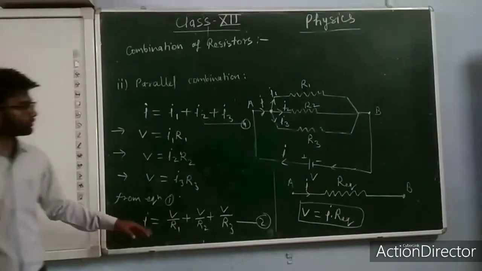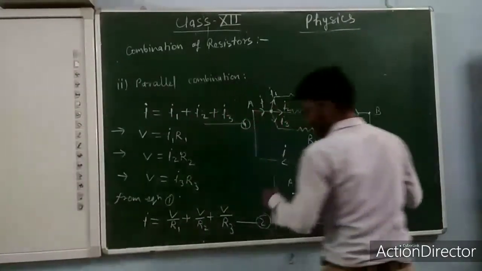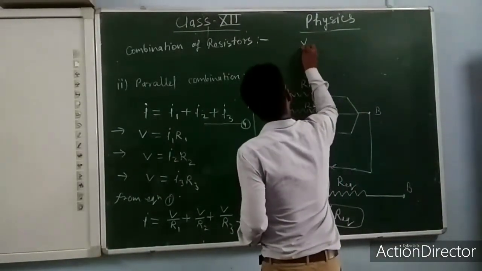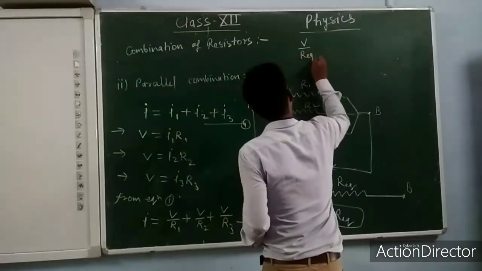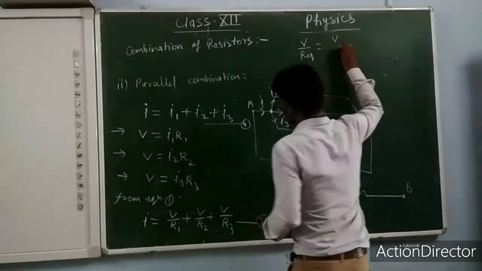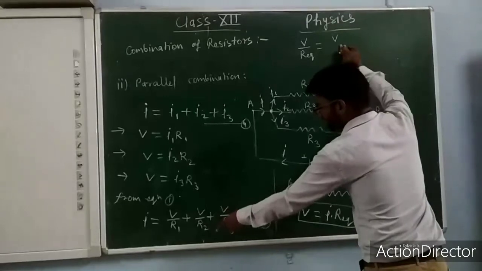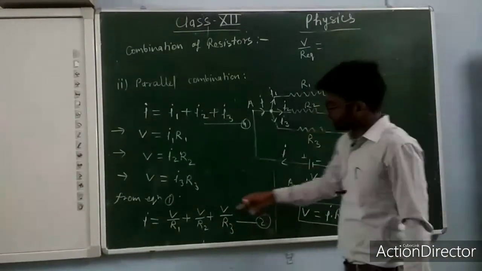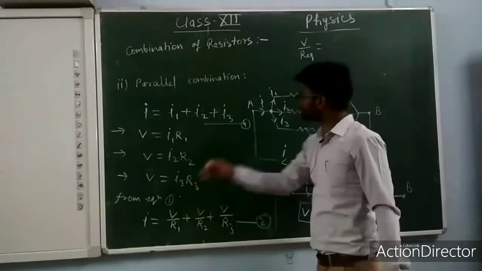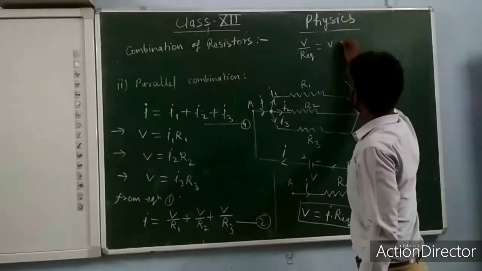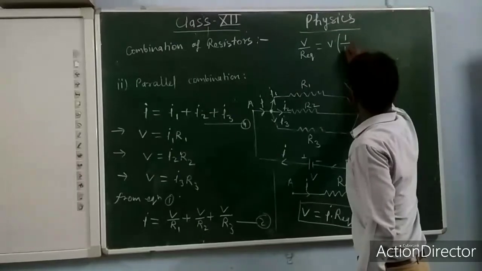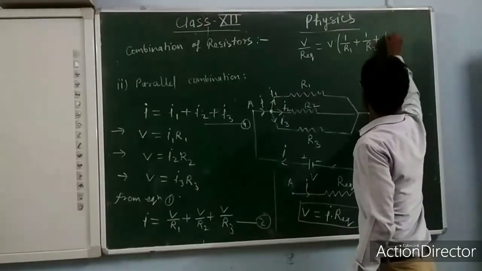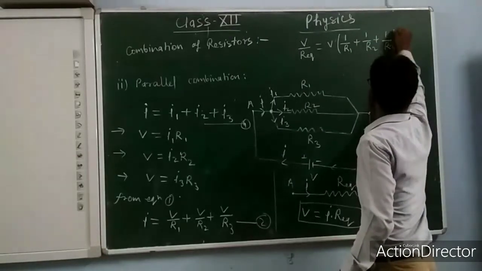So from this equation we can get the value of I and we can apply it in equation number 2, right? So just look at here, this I equal to V divided by R equivalent, right? That is equal to V divided by R1 plus V divided by R2 plus V divided by R3. So because in all three terms V value is common, so we can take it common, V and 1 upon R1 plus 1 upon R2 plus 1 upon R3, right?